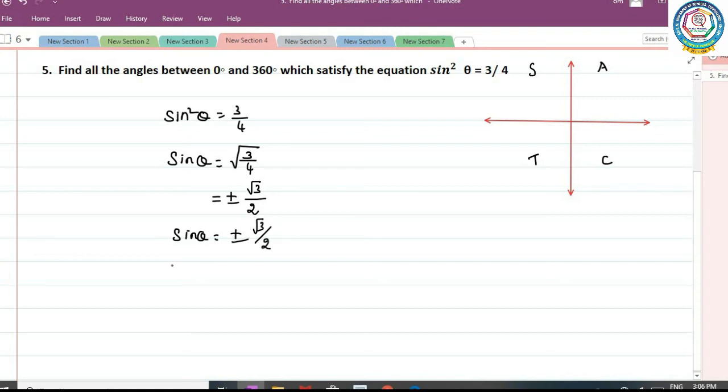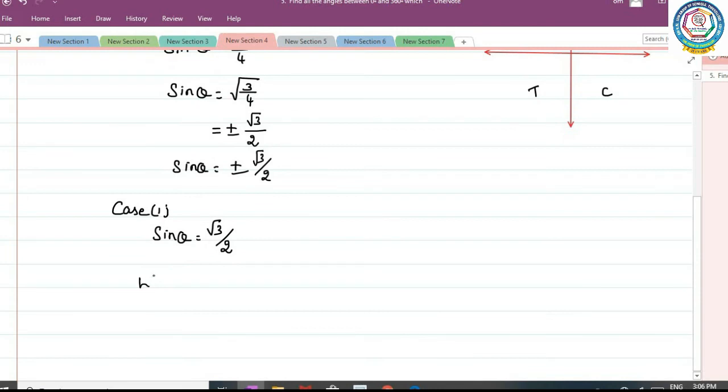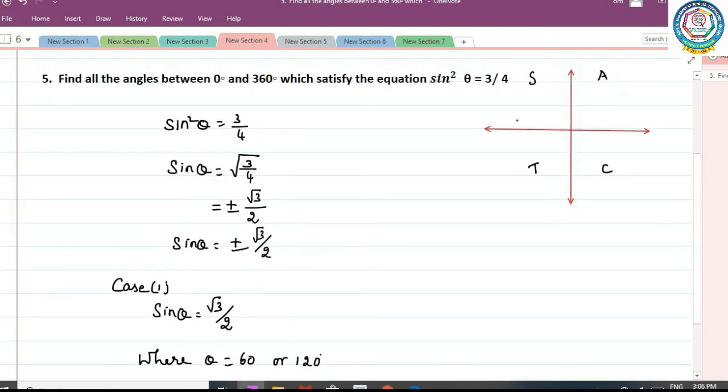Here two cases are there. So what is case 1? If sin theta equal to root 3 by 2, what are the theta values here? Theta equal to 60 degree or 120 degree, because sin theta equal to root 3 by 2 lies only in first and second quadrants.